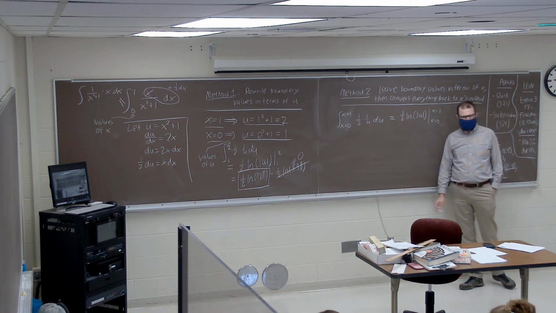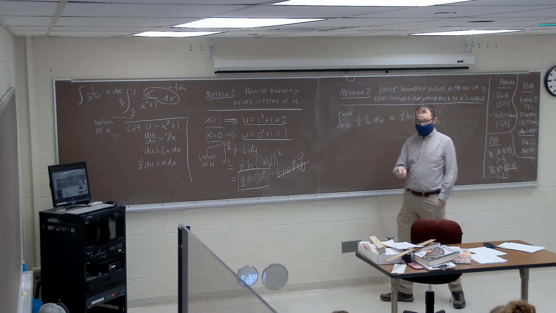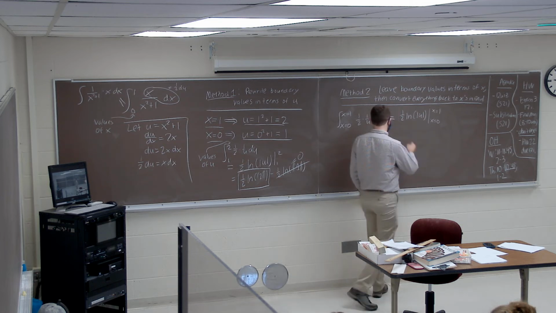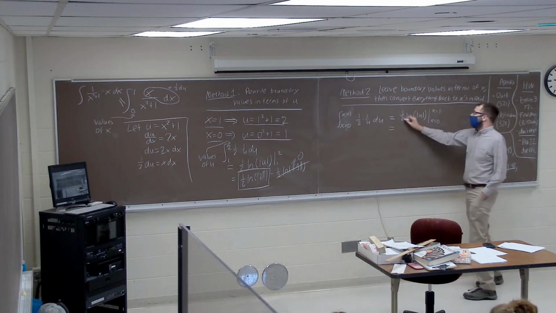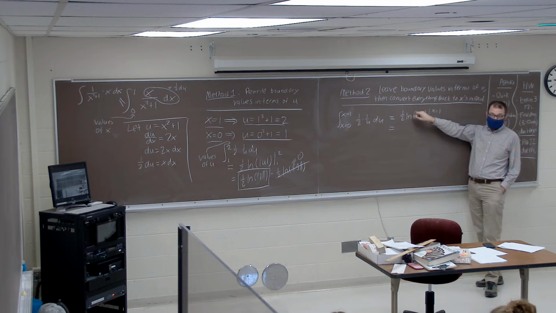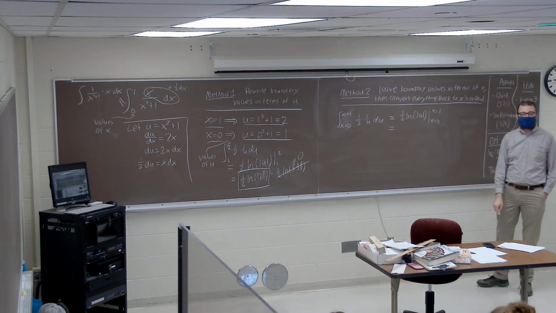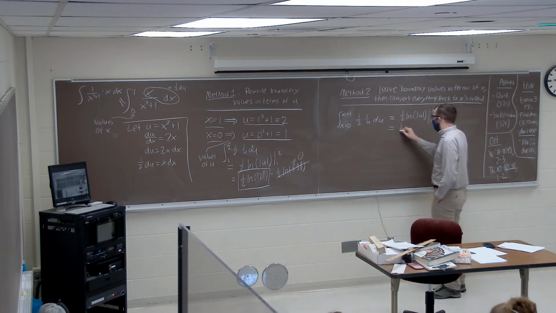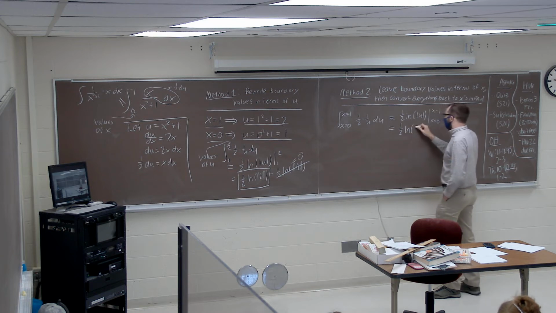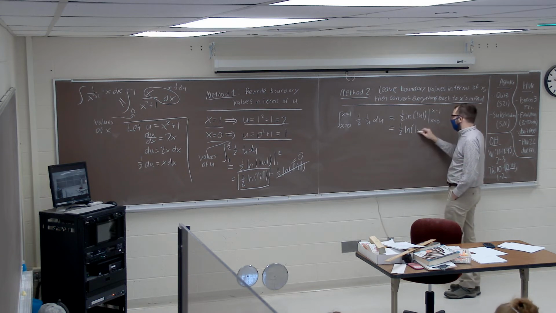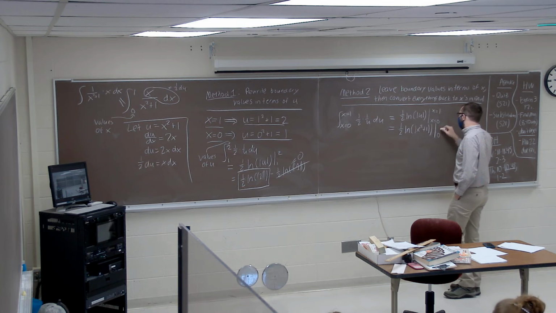So here, Rachel, I think we're going to have to do what you were suggesting we do earlier, which is now we can convert our u expression to be back in terms of x instead, which would give us 1/2 natural log of the absolute value of x squared plus 1, evaluated from 0 to 1.